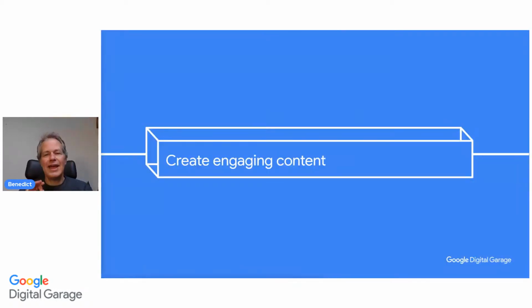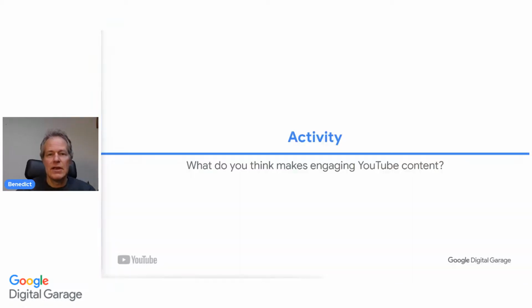So, creating engaging content. The next step is about creating engaging content, from planning to strategy to the equipment you need. Now, this is where it comes up, Maximus. First of all, what do you think makes engaging YouTube content? The big answer to that question is, what do you watch?